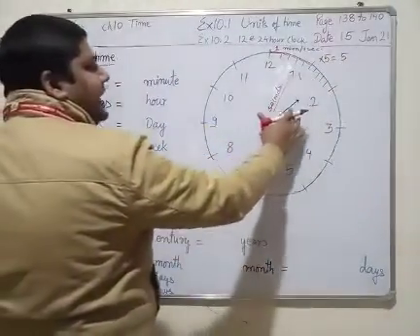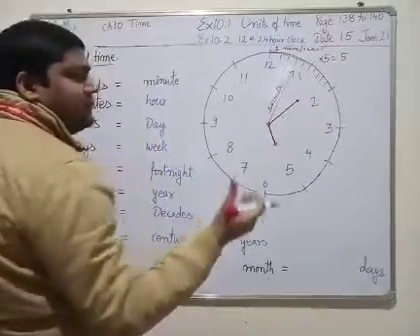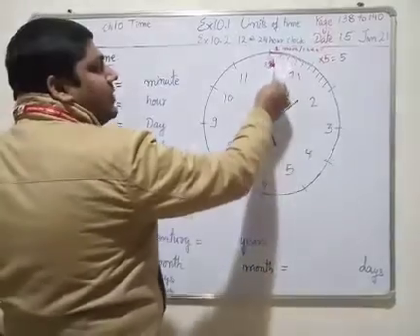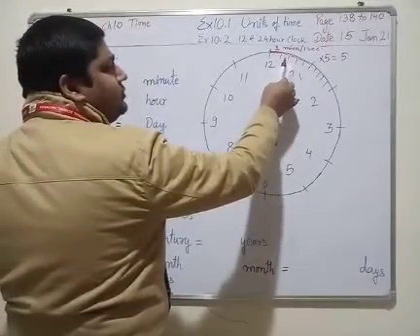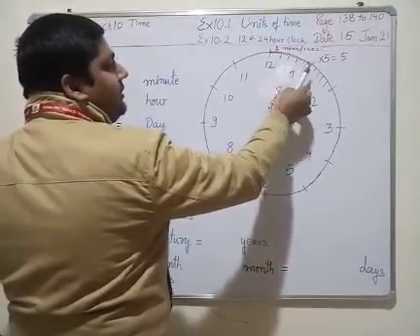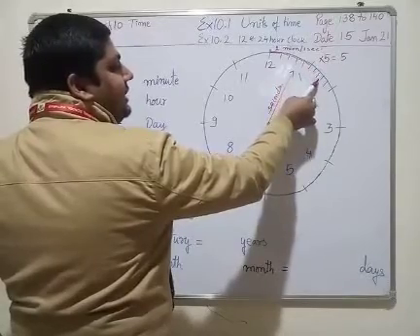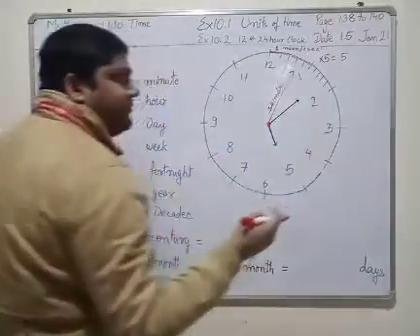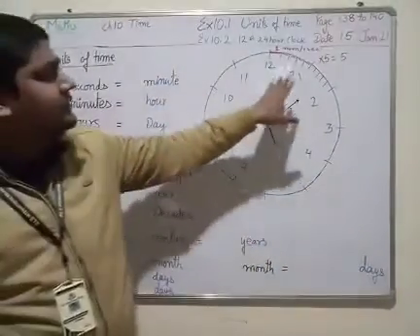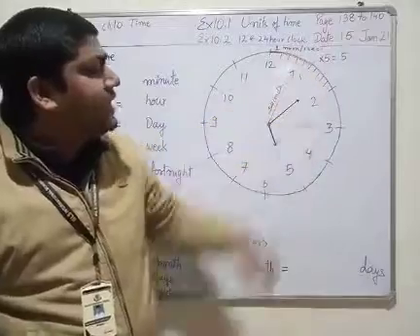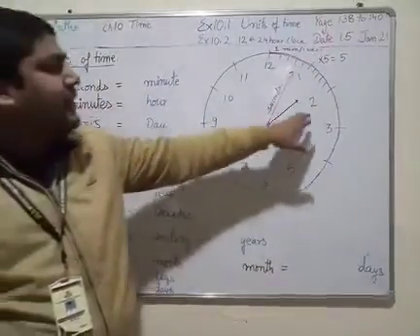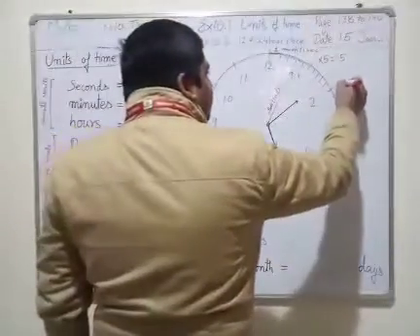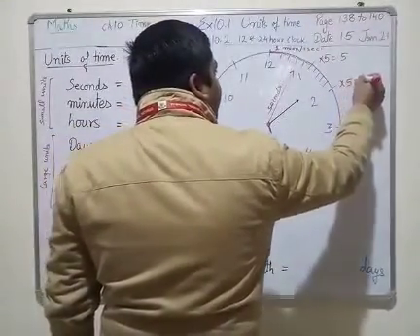Similarly, if the minute hand is at 2, we count from 12: 1, 2, 3, 4, 5, 6, 7, 8, 9 and 10. So these are 10 minutes. But if you don't know how to count, you can also multiply 5 into 2, and you will also get 10.